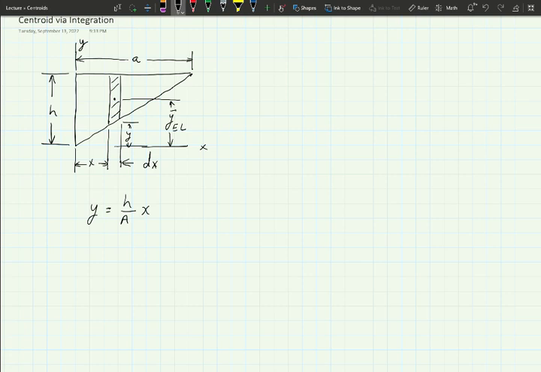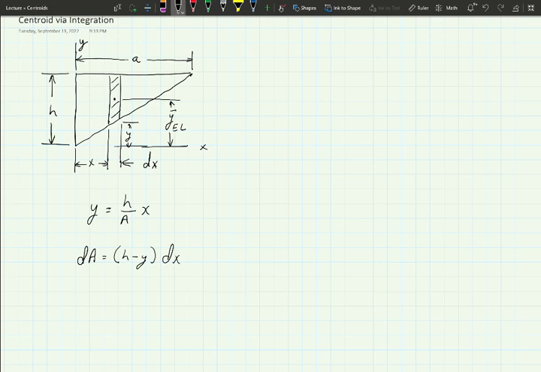And dA will be equal to h minus the y dx, so our height minus that to get that area we're looking at.